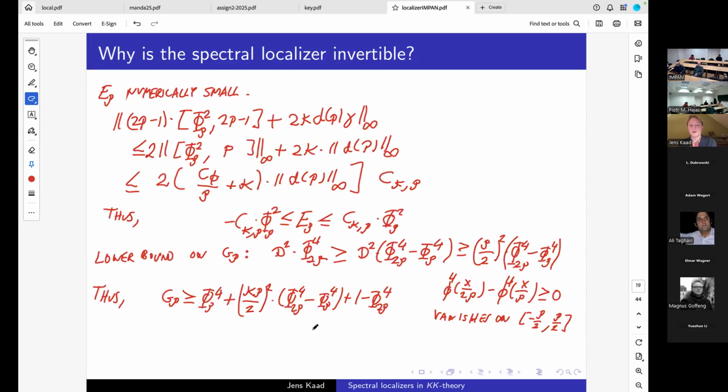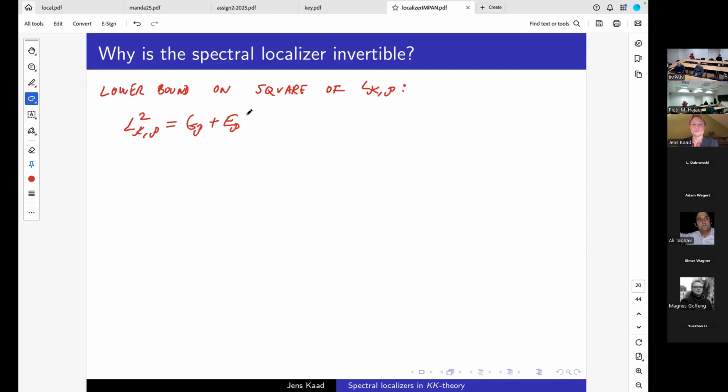So here was my lower bound on G rho. I'm going to plug that in. So we get this is greater than or equal to phi rho to the fourth plus kappa rho divided by 2, squared, times phi 2 rho to the fourth minus phi rho to the fourth, plus 1 minus phi 2 rho to the fourth.